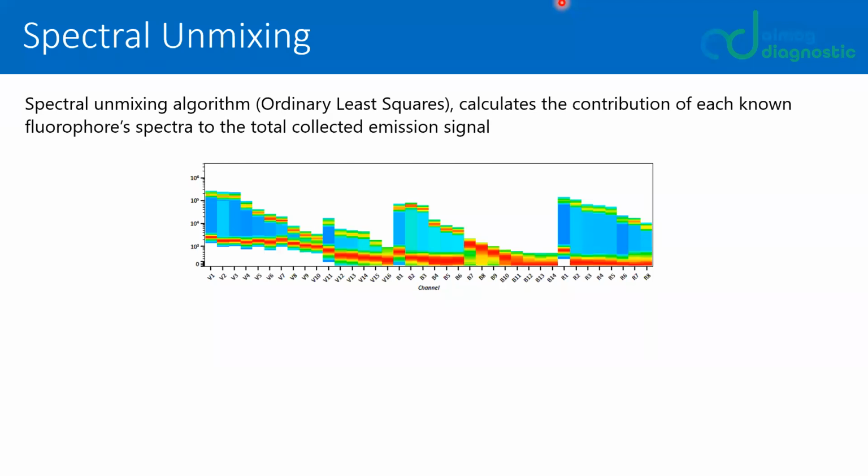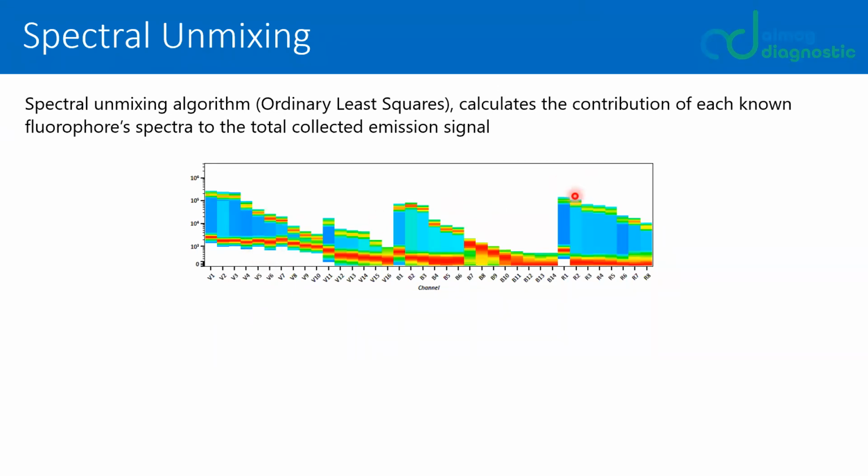Okay. So here we are again looking at the signatures to think about how the unmixing algorithm works. Here, this signal is a combination of several fluorochromes. And how do we determine how much of each fluorochrome is contributing to this signal?